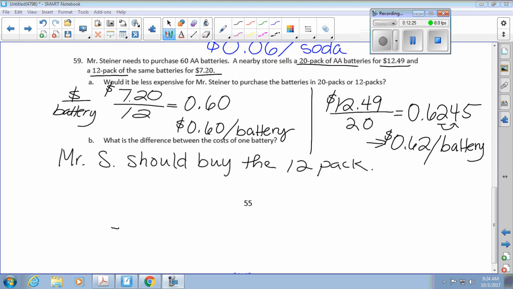How much is he saving? Yes. 2 cents. Very good. So Mr. Steiner is not going to give you his 2 cents. Mr. Steiner should buy the 12-pack. He will save $0.02 per battery.